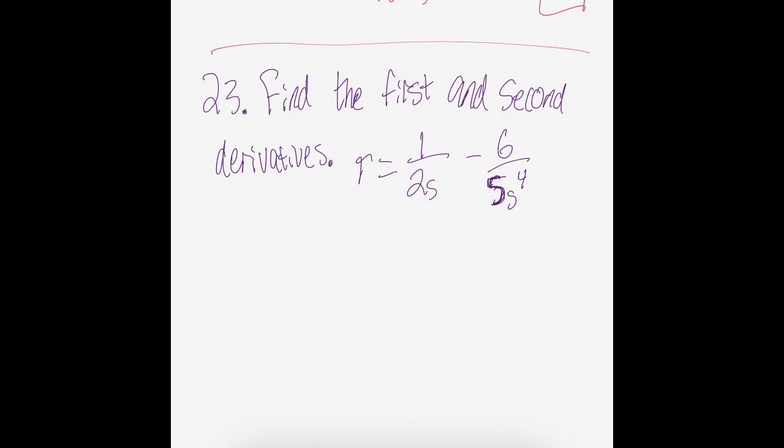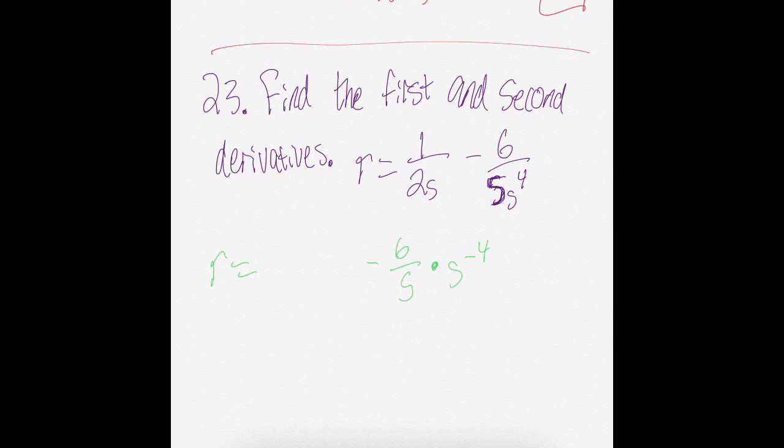Okay, so here I'm going to use a trick very similar to what I talked about in the very first problem of this video. I'm going to rewrite this as r equals 2s to the minus 1 minus 6 over 5 times s to the minus 4.